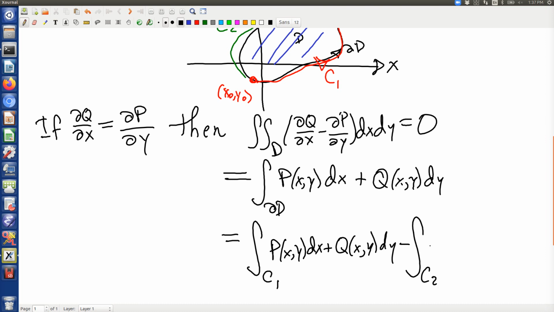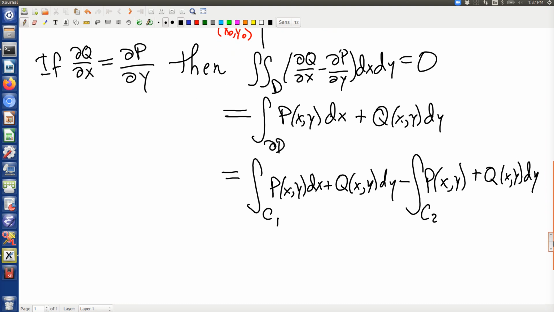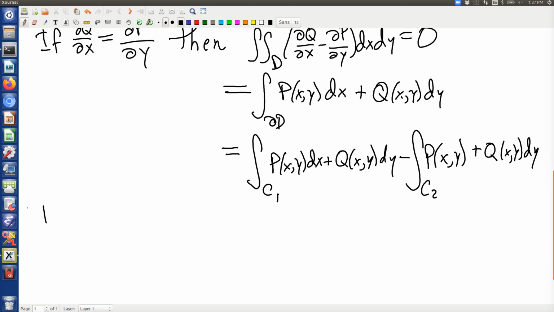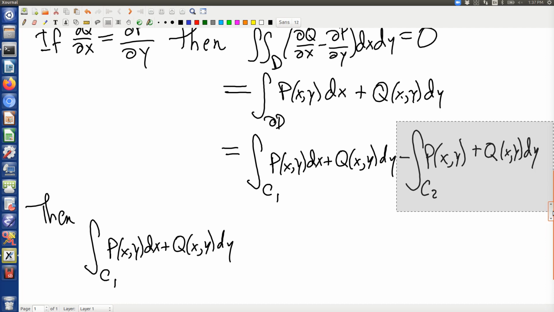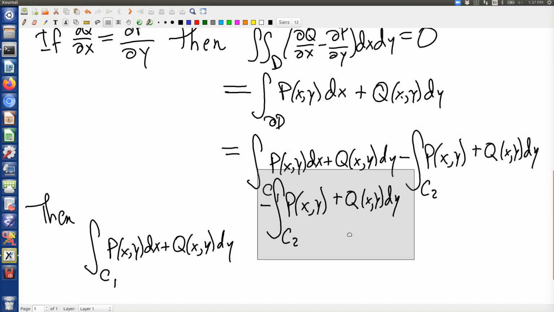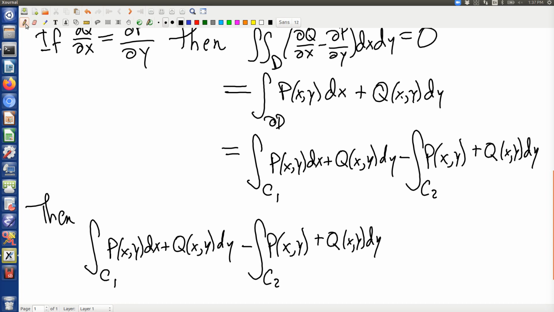That's with C2. Of course, moving the C2 integral over to the other side, that means that these two integrals are equal.